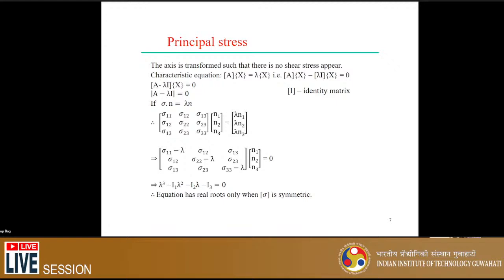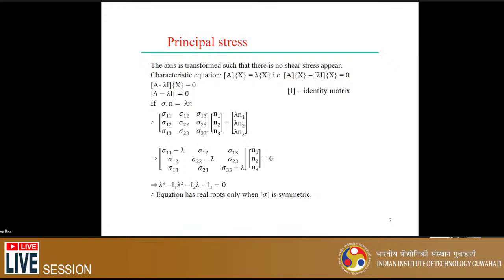Now, suppose it is a three-dimensional system of stress. Then how can we find out the different principal components? We can follow a very simple calculation. The axis is transformed, and with respect to the reference x-axis, you can find out the value of the principal plane and the value of the principal stress.